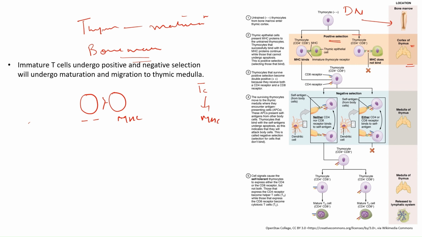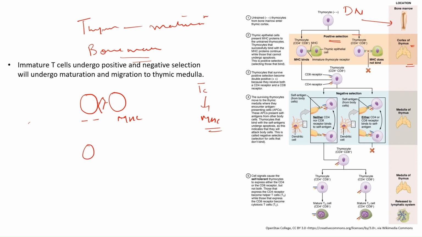They should bind with MHC because T cells recognize antigen only when presented via MHC. This we already learned in the last videos. So they should gain the property of binding with MHC. So in the cortex of the thymus, they get the opportunity to bind with the MHC.